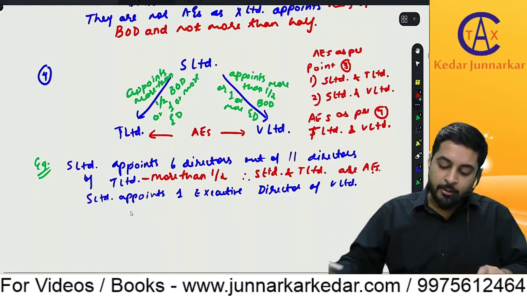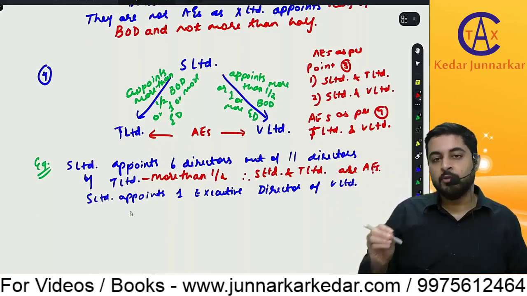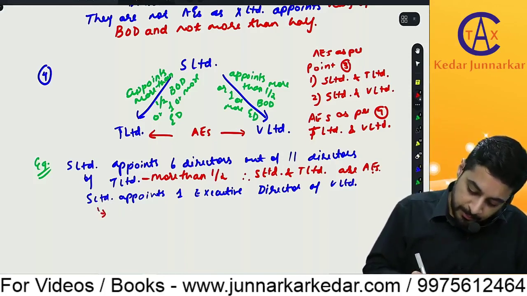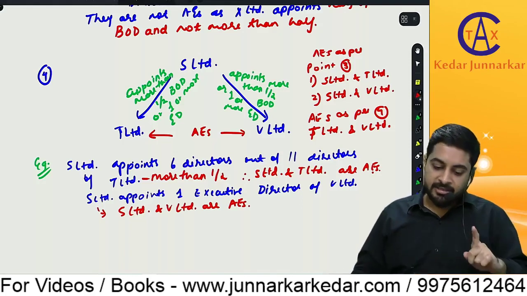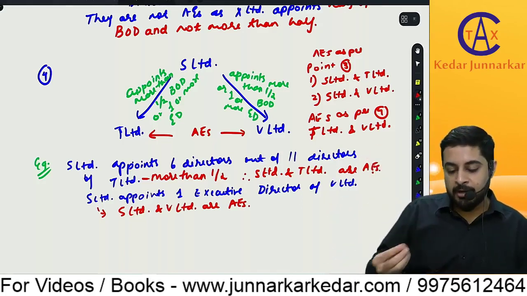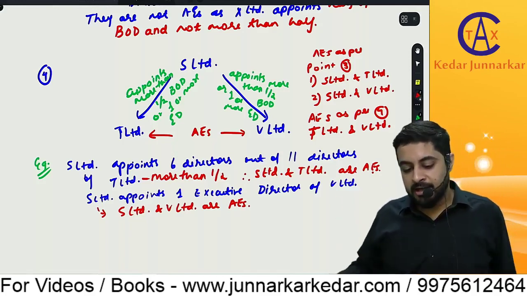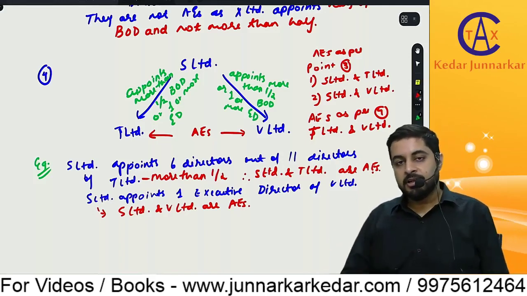Then S Limited appoints one executive director of V Limited. So it can be either appoints more than half of the BOD or one or more AD. So yes, due to that, S Limited and V Limited are A's. And plus, since more than half of the BOD of T Limited is appointed by S and one executive director is appointed by S in V Limited, T Limited and V Limited are also considered as A's.